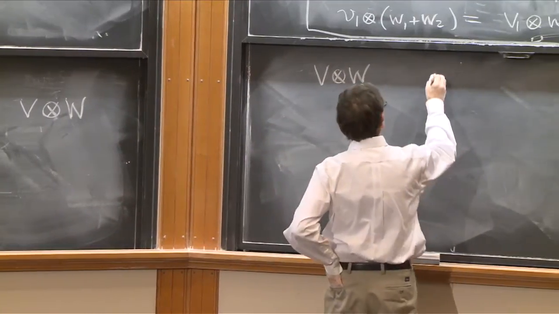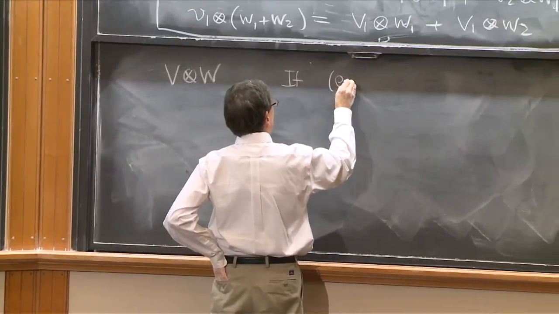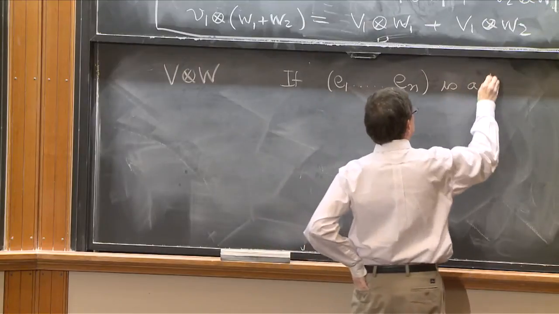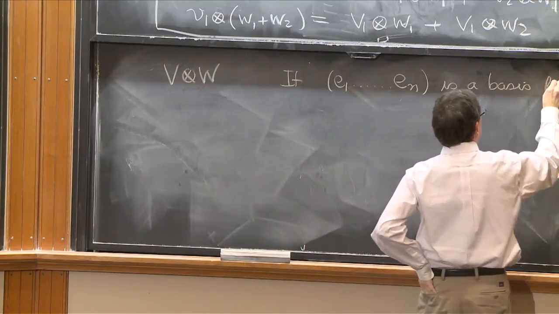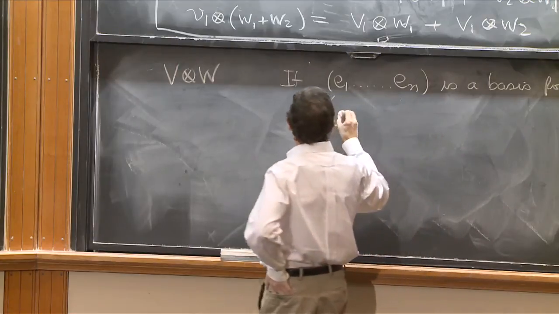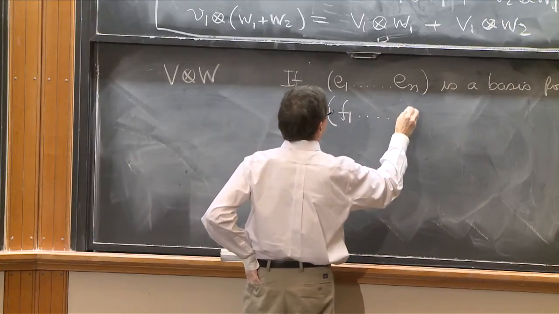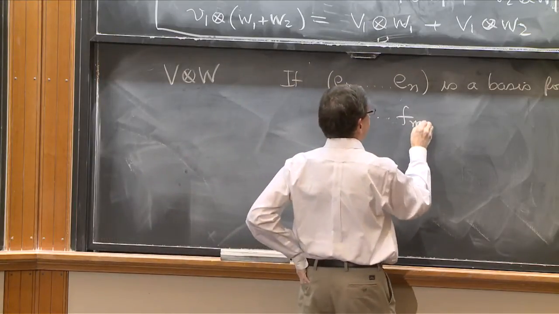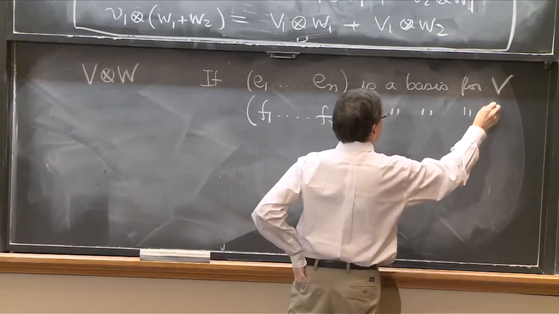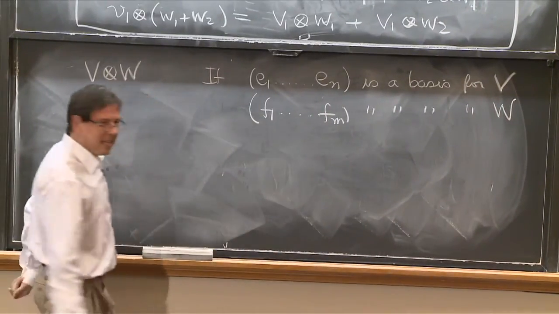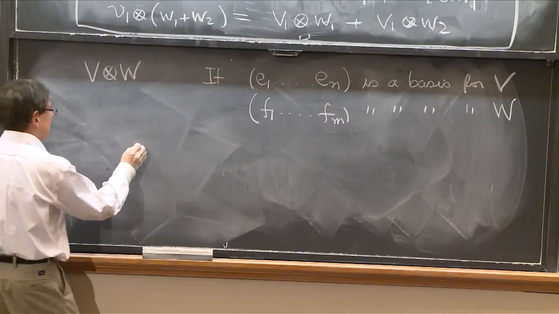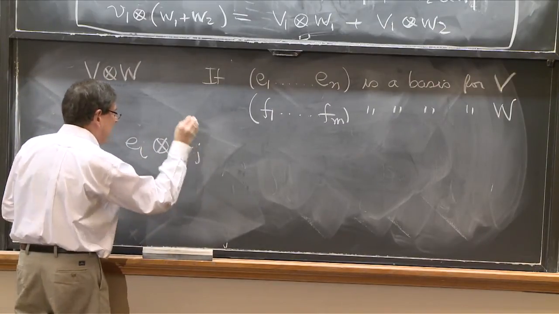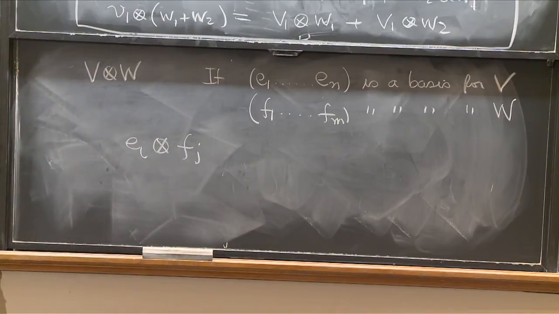If E1 up to En is a basis for V, and F1 up to Fm is a basis for W, this set of things, Ei tensor Fj, and how many of them are there?